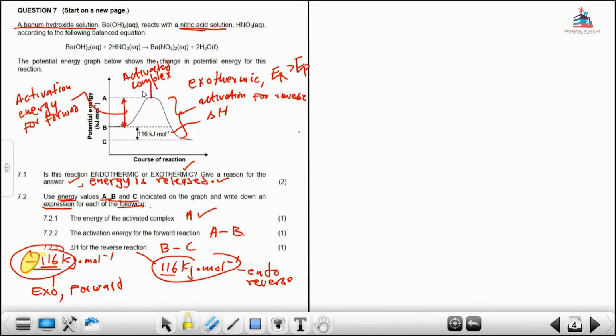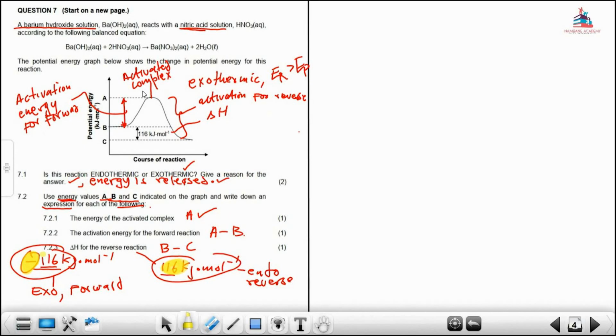But if they wanted a value, a magnitude, for the reverse, I should tell them it must be positive 116. Because if it's not positive, it becomes negative and becomes exothermic. So if the question was the value of delta H for the forward, then I must add the negative to indicate that the forward is an exothermic reaction. Any questions, ladies and gentlemen?